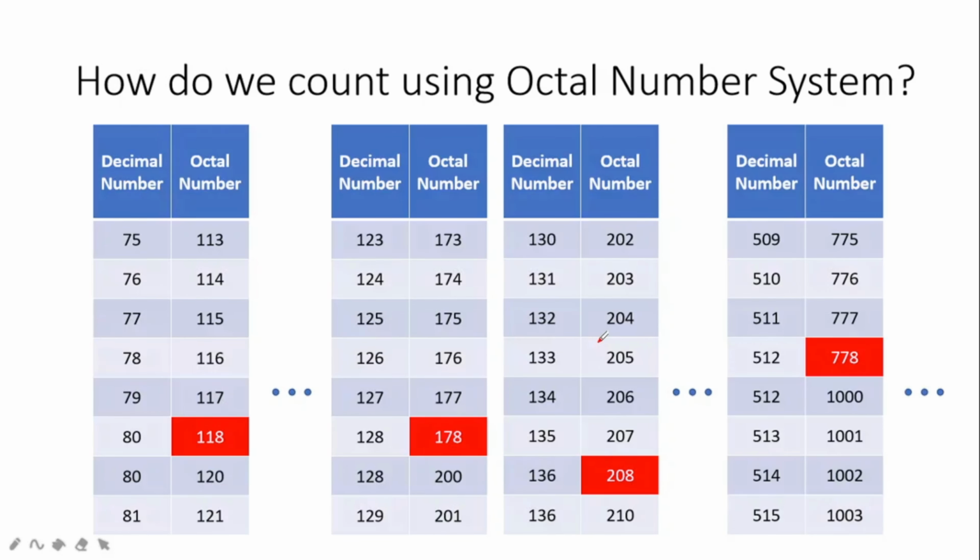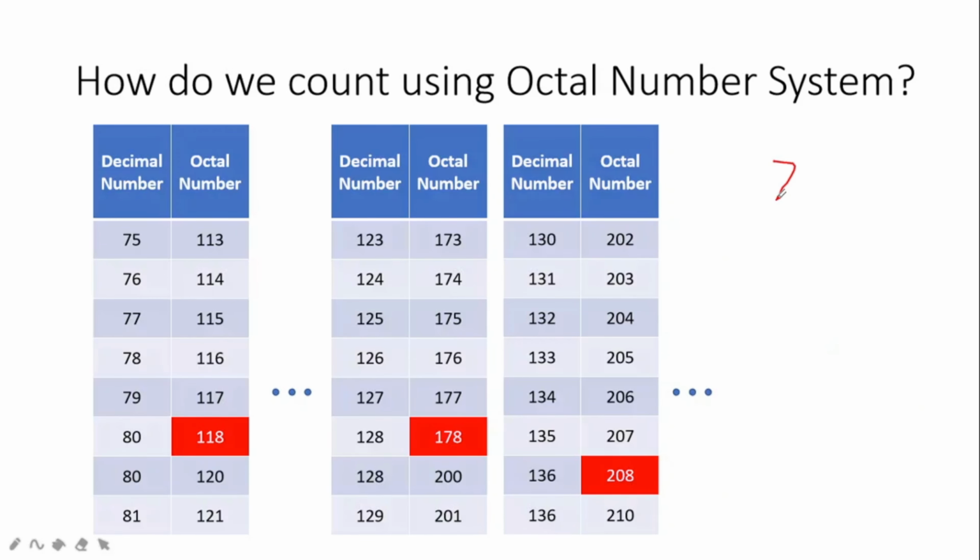Now for 777, let's find out how 1000 is the next number after 777 in the octal number system. For 777, take the 0th 7 and find out what comes after 7: 10. Now this 7 has a number ahead of it, so 1 will be carried forward. Now this 7 has a carry, so again find out what comes after 7: 10.